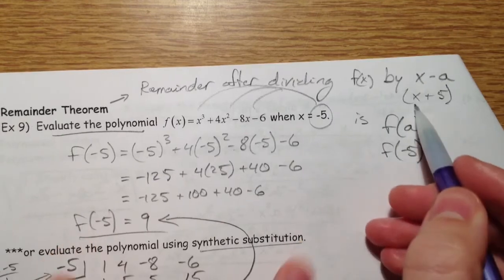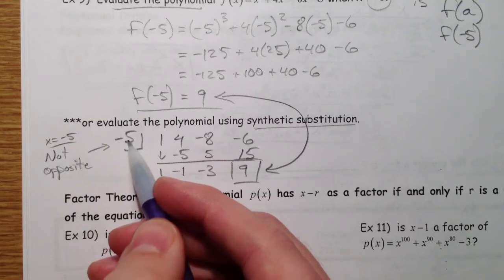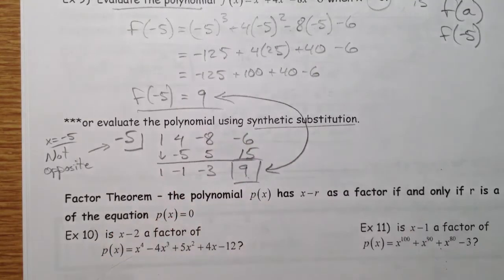So after dividing by x plus 5, because I divided by x plus 5 here by putting the negative 5 there, I got 9 as my remainder, and that's the same as if I had just plugged in negative 5.